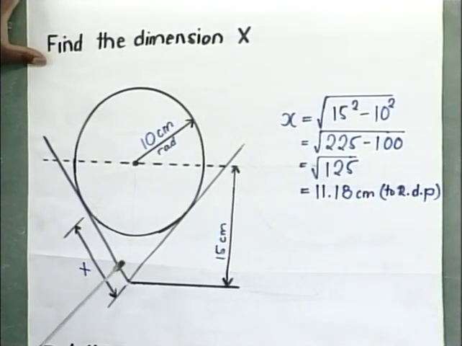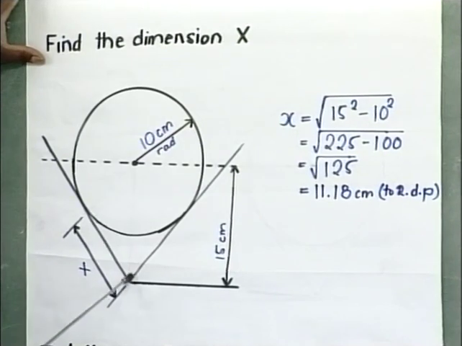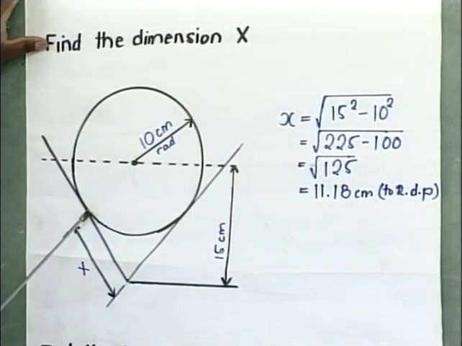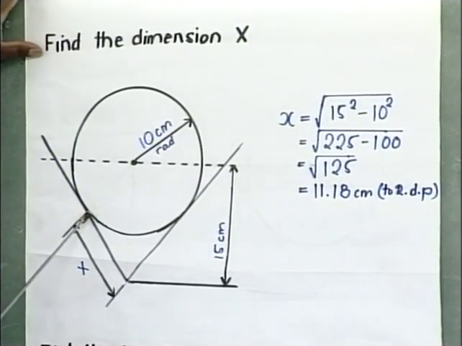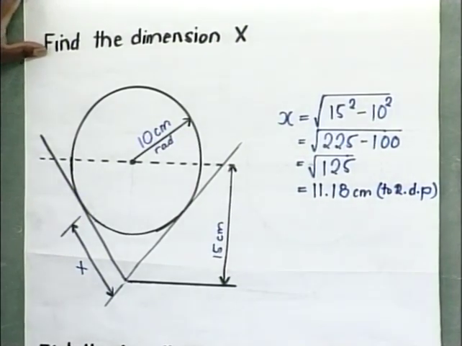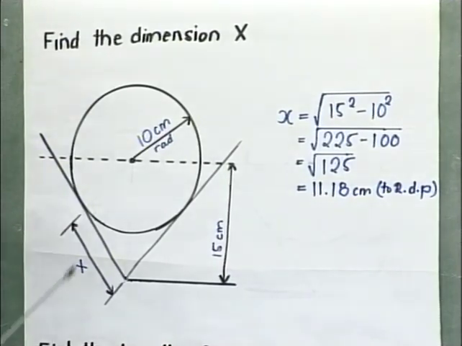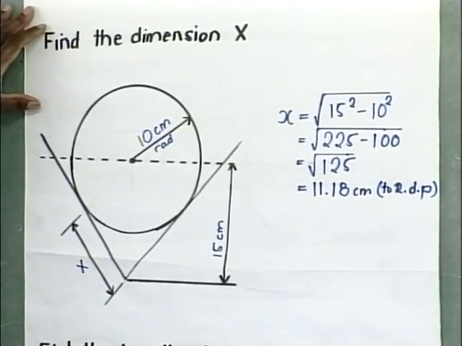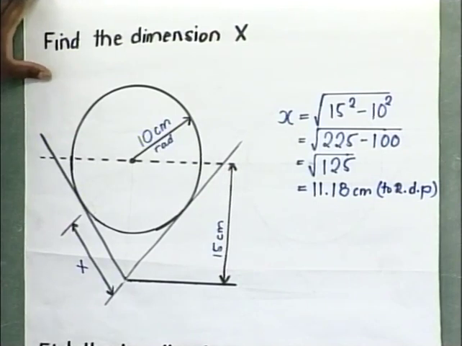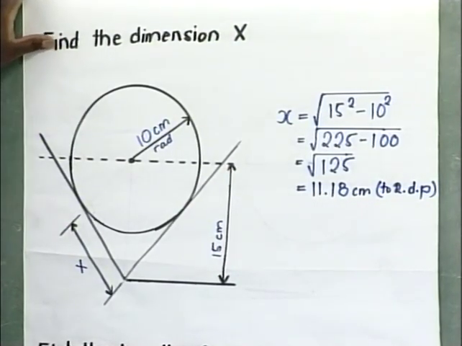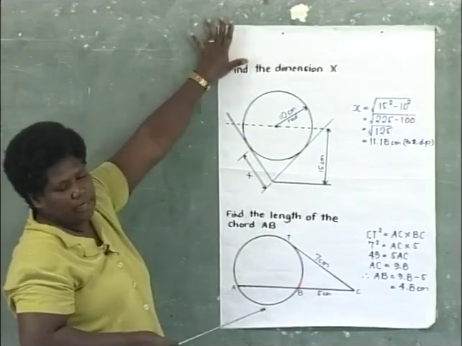You following? So 15 squared minus 10 squared is equal to 125, which gives us x squared. So x will be the square root of 125, which is 11.18 centimeters. You got it now? Okay.